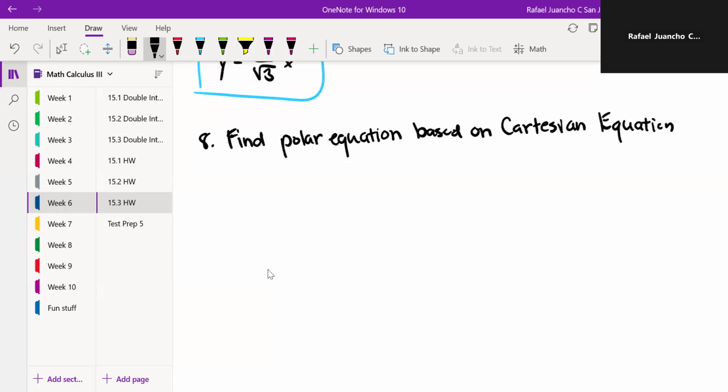Okay. And then we have this assumption that my theta is in between 0 and 2 pi. And so here's our equation. x squared plus y squared equals 6y.